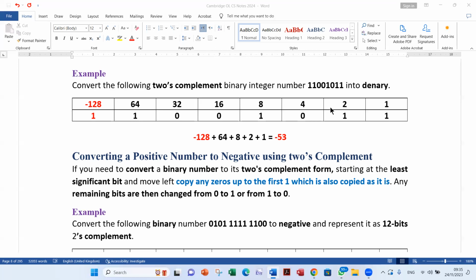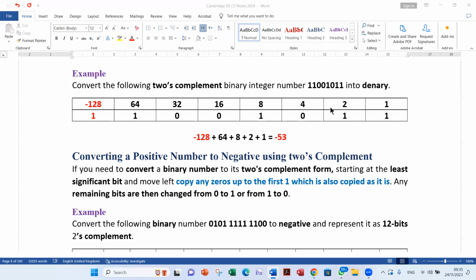If you need to convert a binary number to its 2's complement, we do the following. Starting at the least significant bit, which means on the right, and moving left: copy any zeros up to the first one, and the first one is also copied as it is.